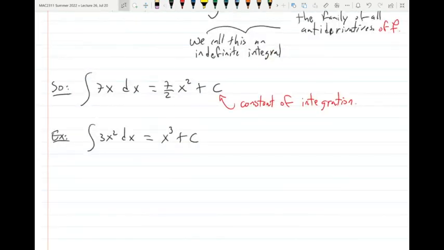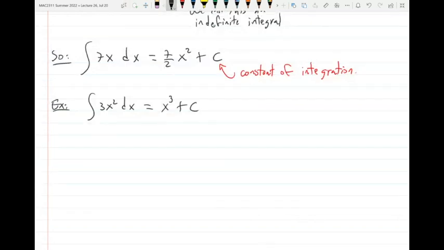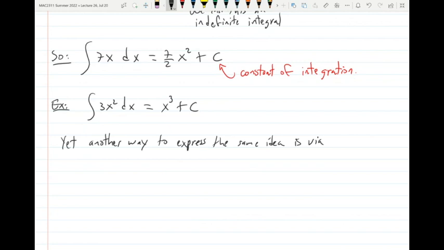So this question that we ask here can be asked in a different way, in the language of differential equations. So yet another way to express the same idea is via differential equations.